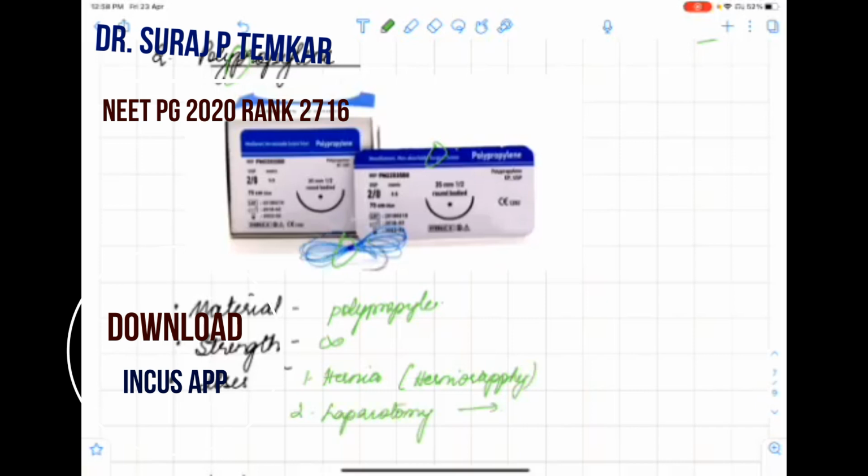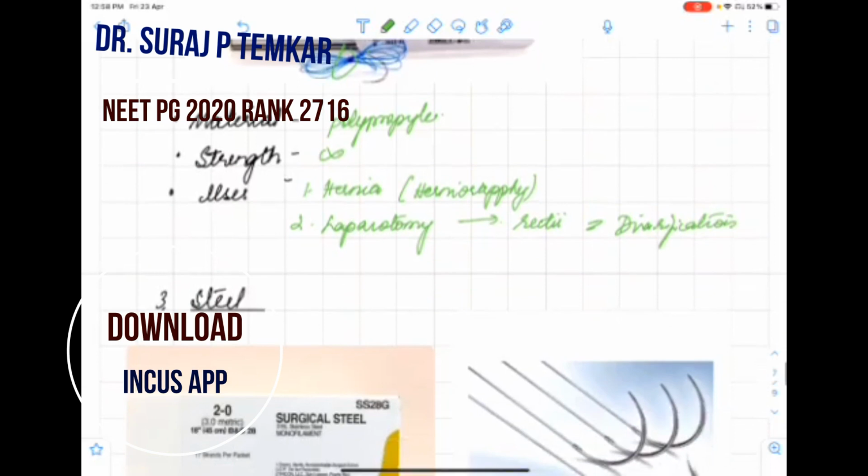In this I am trying to approximate the recti. Any other suture material, or this itself if used in a lax form, causes divarication. And lastly, it's used for colon or rectal surgeries, rectal approximations.